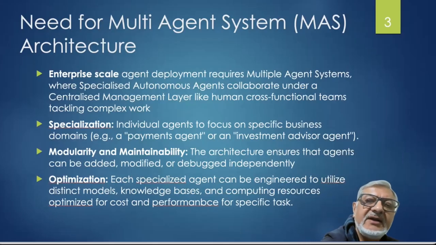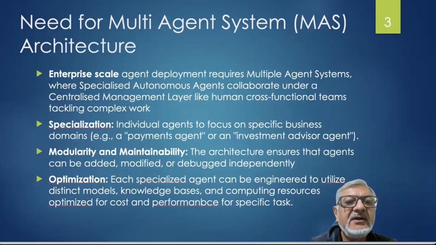So modularity and maintainability is possible in the enterprise environment when we have to add a new agent or new application, or modify or debug any agent, because these agents are operating autonomously.